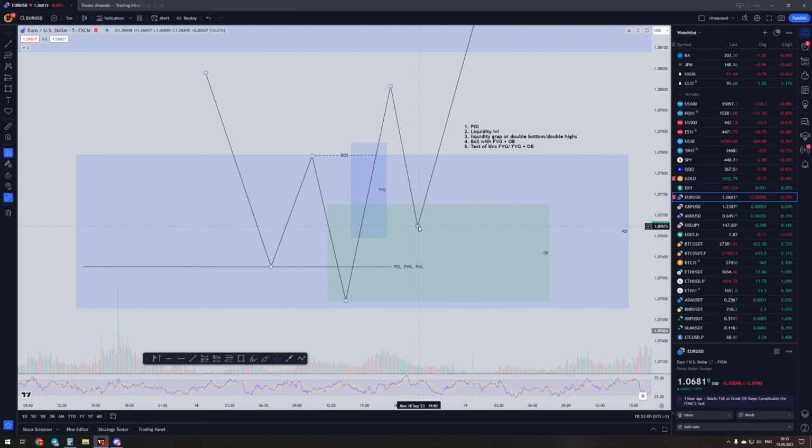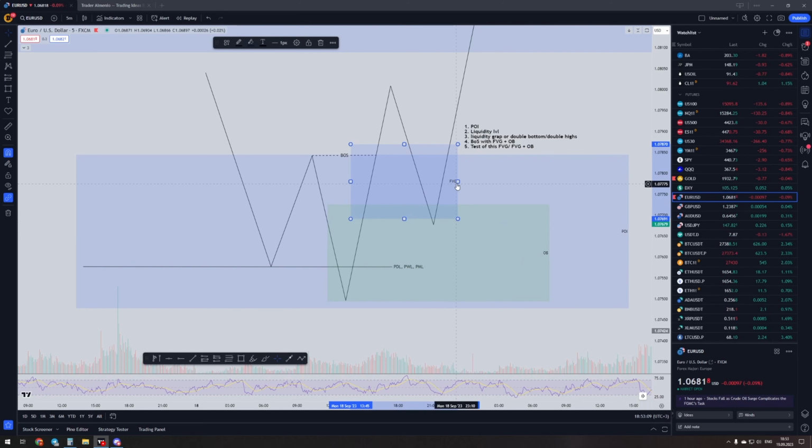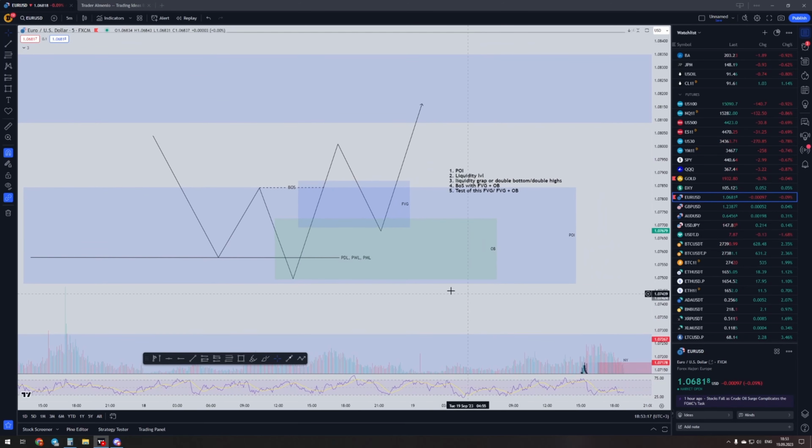As you can see, we have a test of this fair value gap, and also a test of this order block, so the criteria are matched, and my entry will be here.